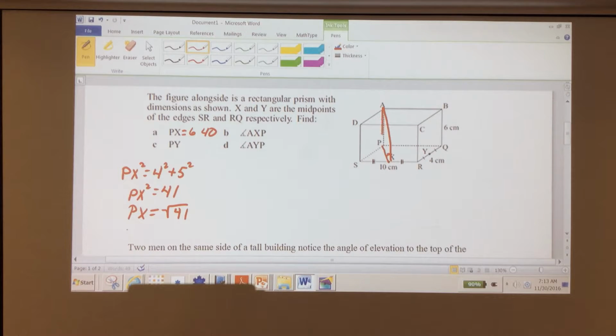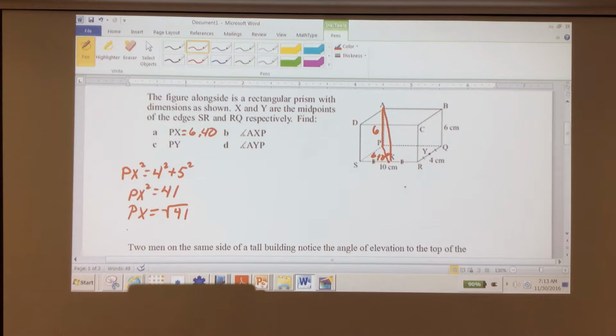Now if we take that back edge, there's our right triangle. The right angle's back at P. We know that edge going straight up and down, AP, is 6. We know that PX, which we just found, was 6.40. Looking for this angle down in the corner. Again, we have the adjacent, but 6 is not the hypotenuse. That is the opposite.